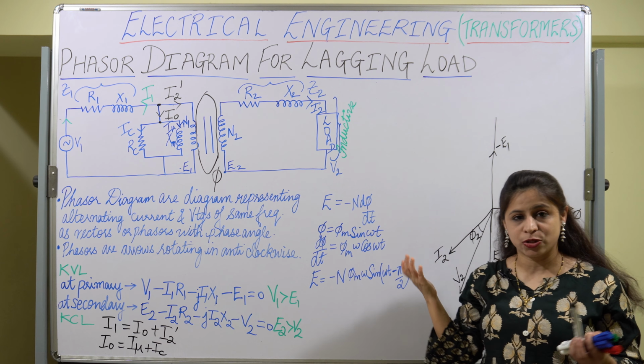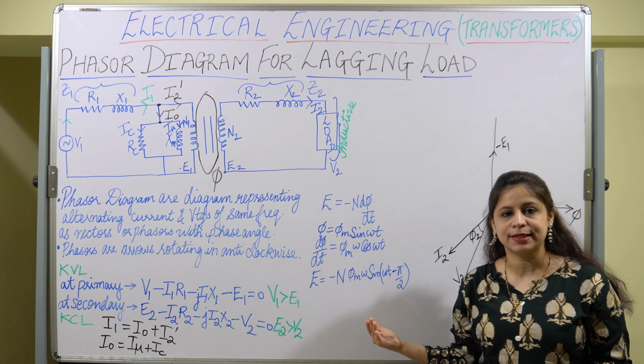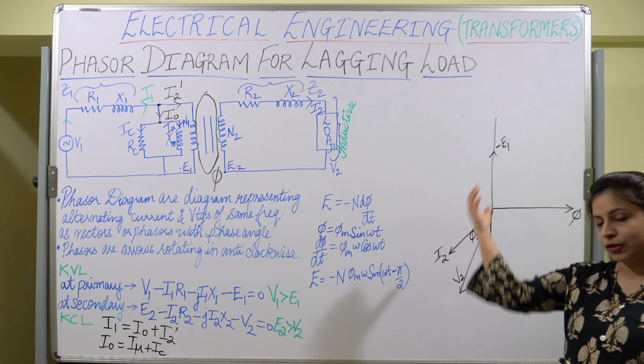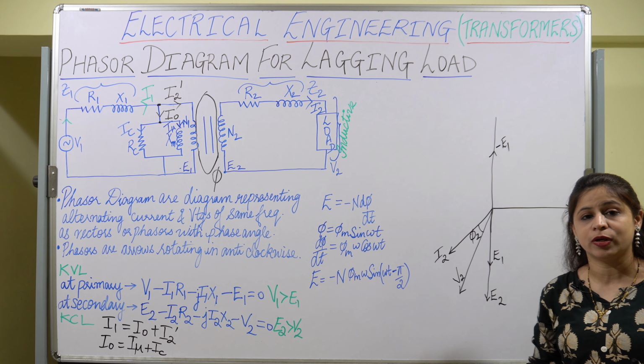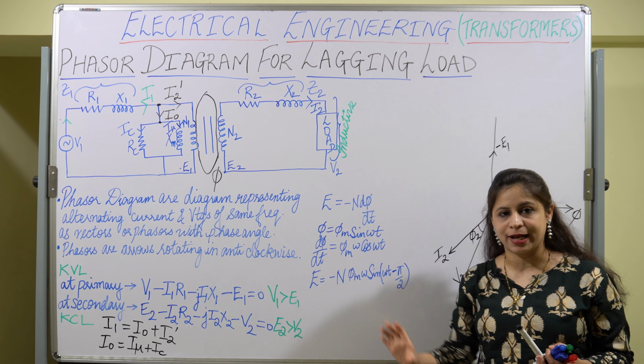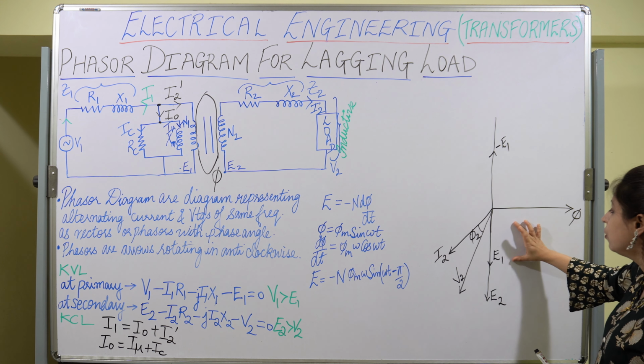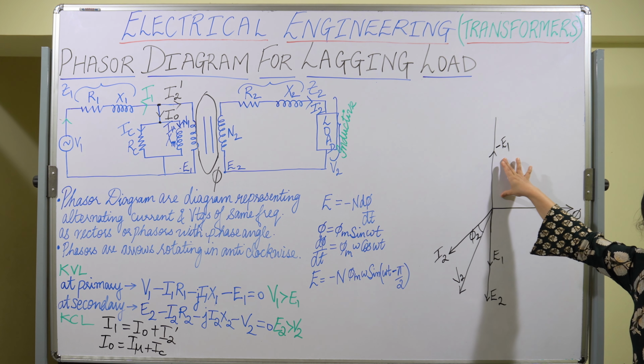It is similar to the coordinate axis in mathematics, where positive sides we take upwards and negative magnitudes of the y axis we take downwards. But here we are taking positive here, so this will be minus E1 over here.